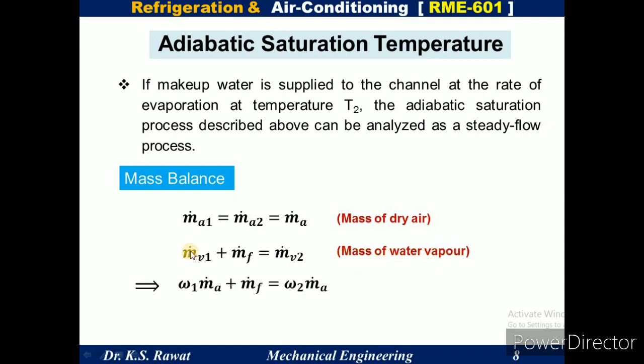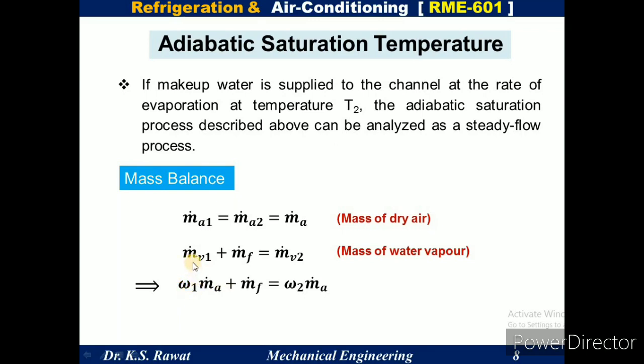We can write m dot V1 in terms of omega 1. So m dot V1 can be written as omega 1 m dot A. Omega 1 is the specific humidity of the air entering the system. Omega is mass of water vapor upon mass of dry air.